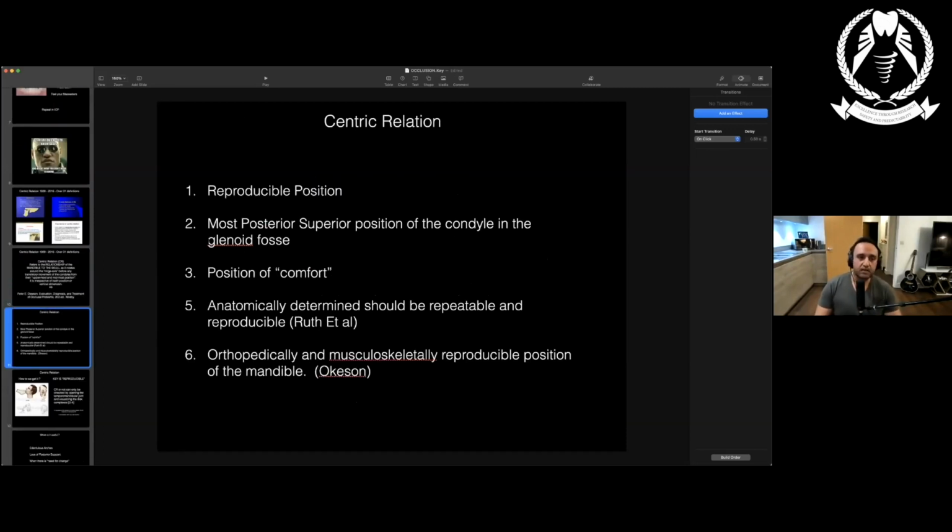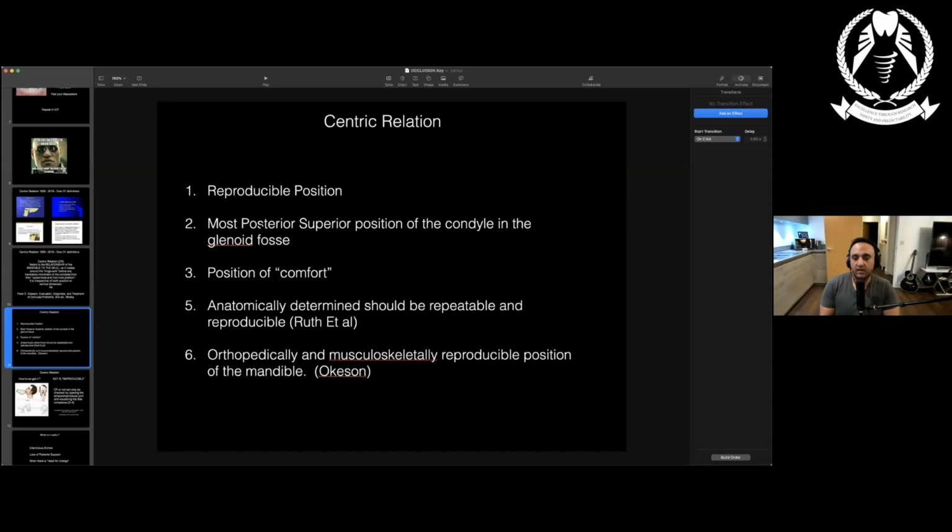Okay. So the conclusion really about this is that it's a reproducible position, and it's the most posterior and superior position of the condyle in the glenoid fossa. Whether we get it in that position or not, we don't know. But my position is that it's a position of comfort for the patient that's reproducible and repeatable.